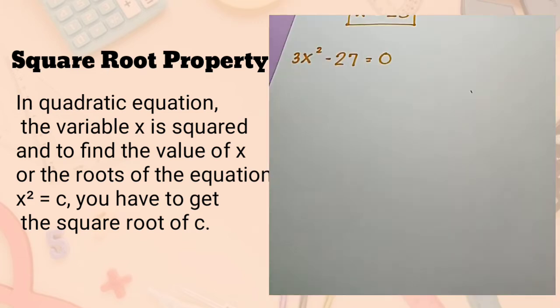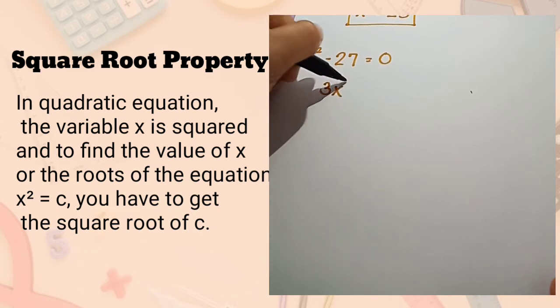Next example. The given is 3x squared minus 27 equals 0. We need to solve for the roots. Ganun ulit yung ating magiging pamamaraan kung paano ma-solve yung roots ng ating equation. Kopyahin muna natin yung unang term. So, 3x squared.